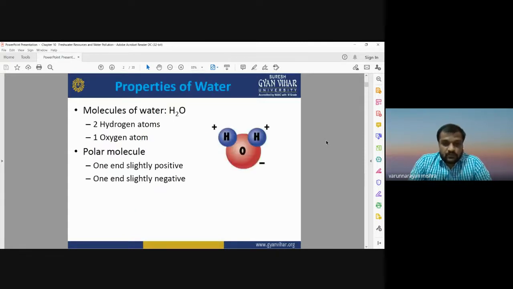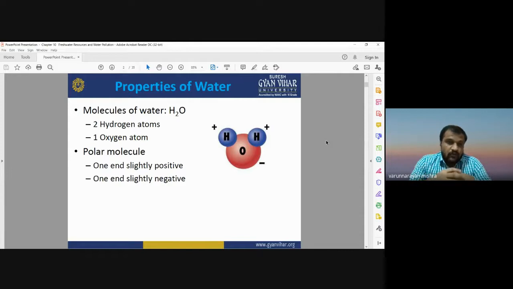Okay. So this is the property of water. As we know, the formula for water is H2O. This H2O has two hydrogen atoms and one oxygen atom. The hydrogen atoms are positively charged and the oxygen atom is negatively charged. So when two hydrogen atoms combine with one oxygen atom, the molecule formed is known as water.